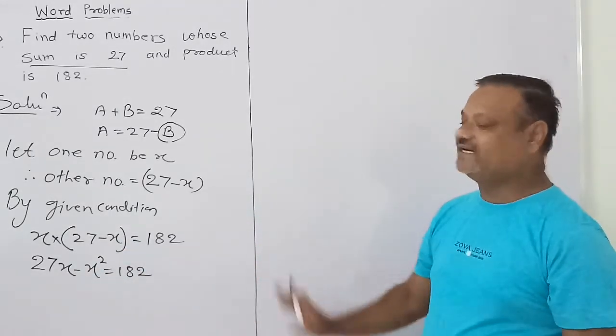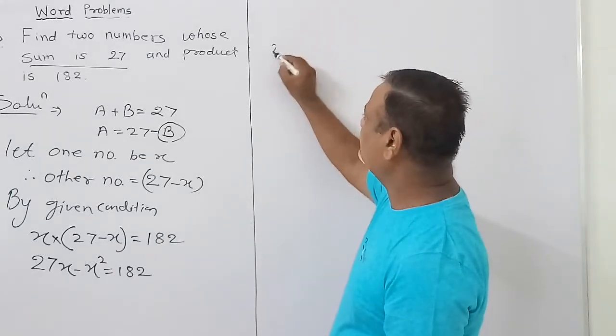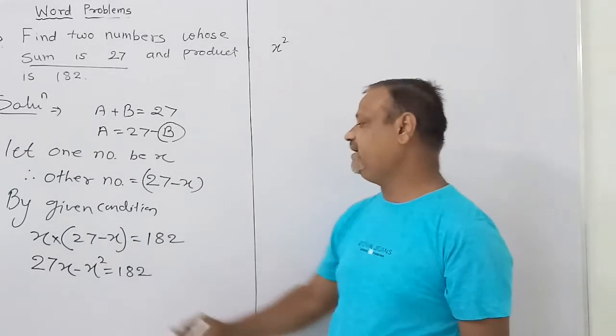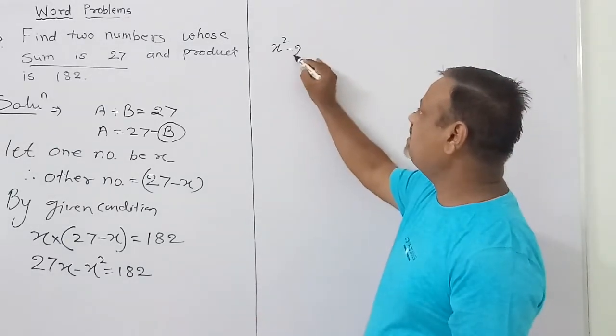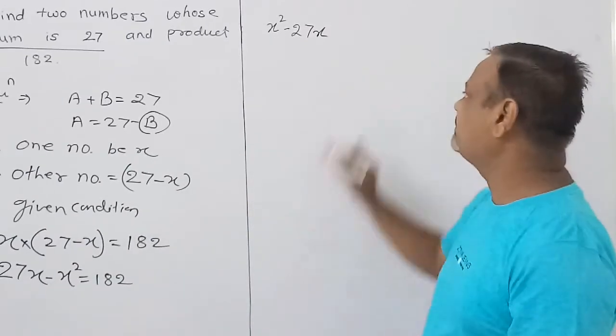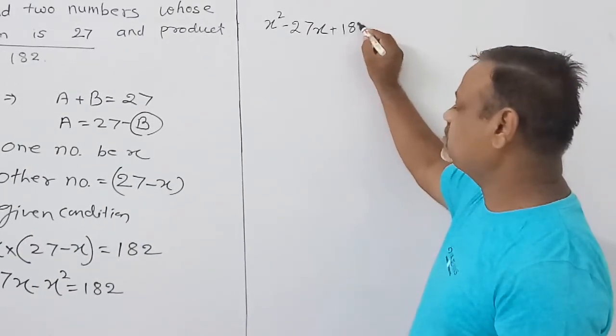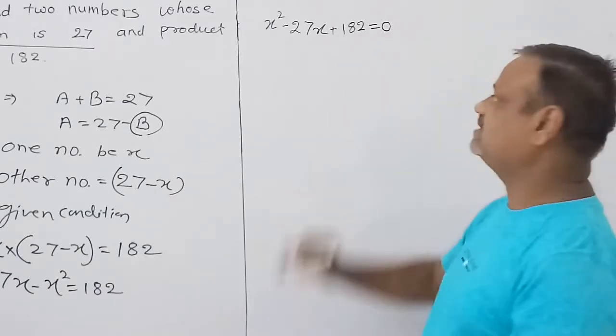We transfer all the terms to the right side. So what will we get? x square, got it, here minus 27x, that is, when we transfer 27 it becomes plus, plus 182 is equal to 0.